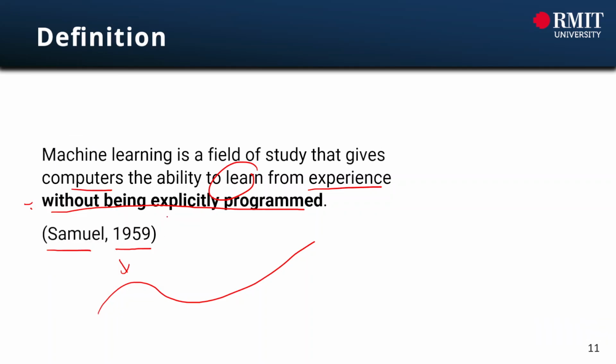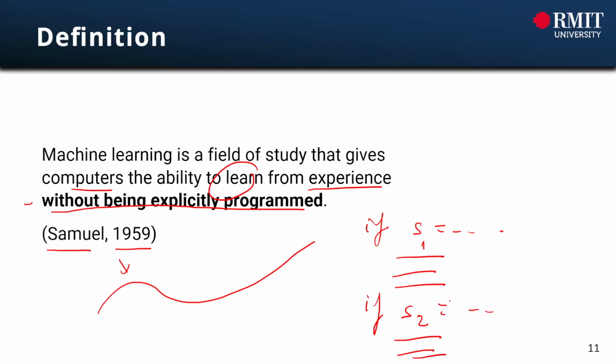What does it mean? Compared to traditional coding, if you're from IT, in IT, if you want the machine to solve some case, then you can write an if statement. If something happens, then do something. If some other thing happens, then do something else.